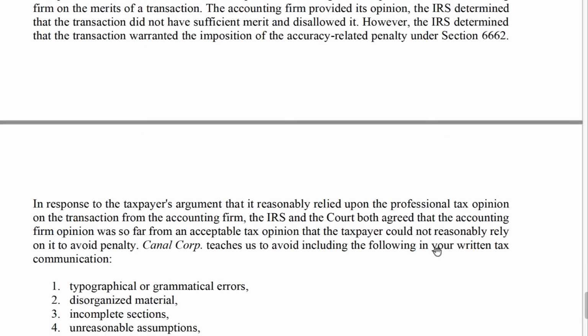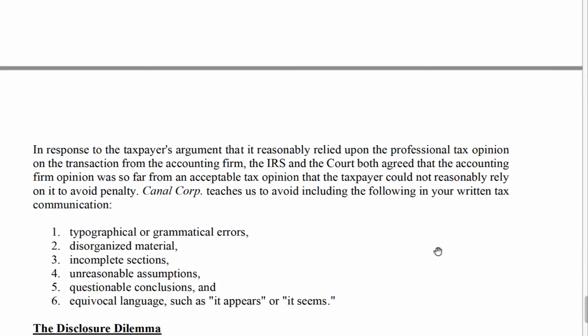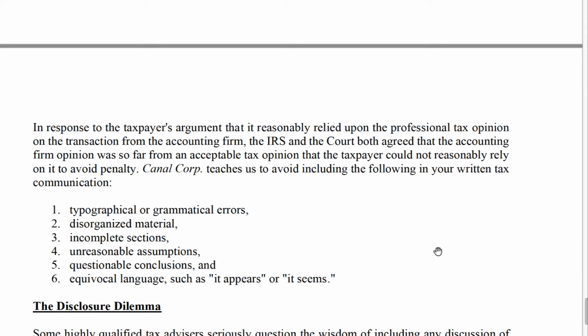In response to the taxpayer's argument that it reasonably relied upon the professional tax opinion on the transaction from the accounting firm, the IRS and the court both agreed that the accounting firm opinion was so far from an acceptable tax opinion that the taxpayer could not reasonably rely on it to avoid a penalty.